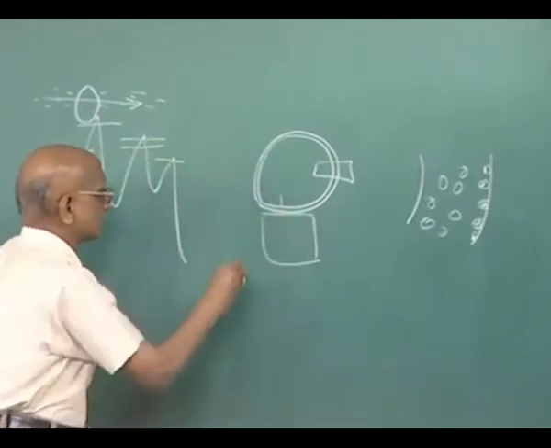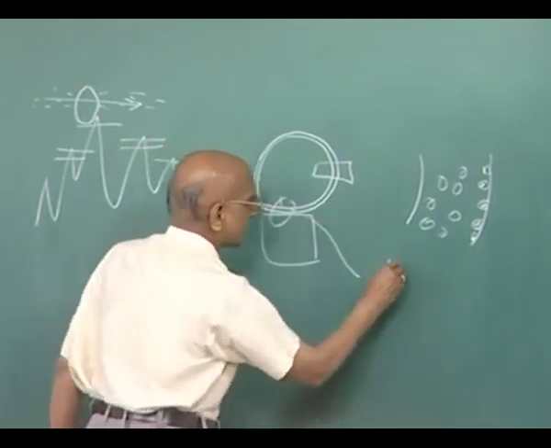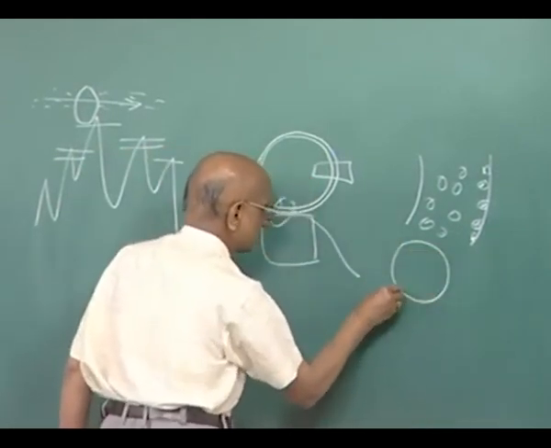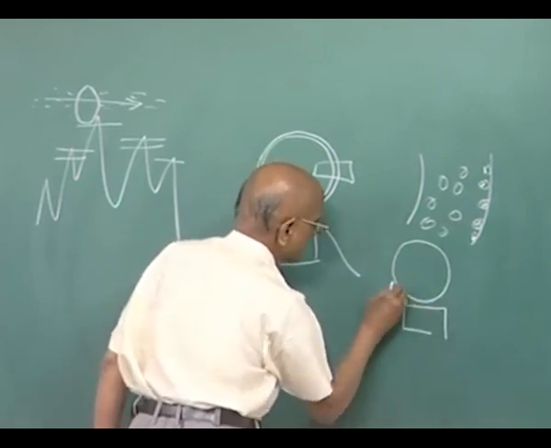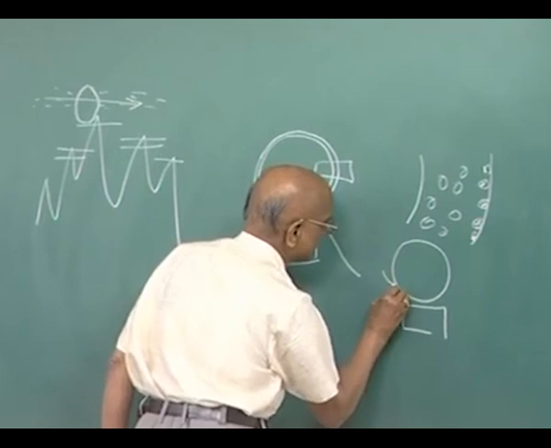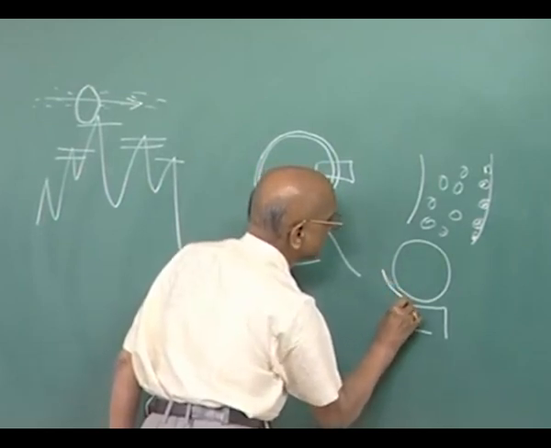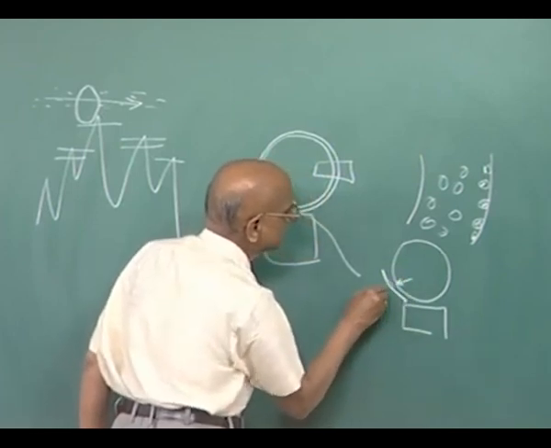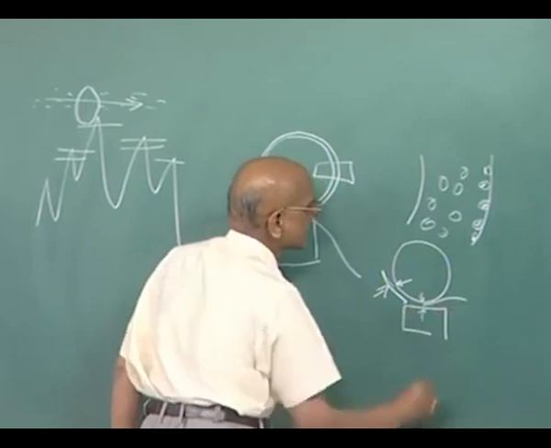Now, what you see here, if you see the enlarged view of this, it is like this. This is the wheel, this is the workpiece surface, and when this is there, then this thickness is greater than the thickness over here.